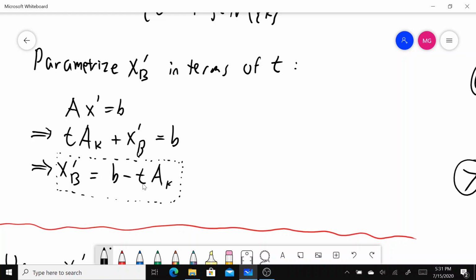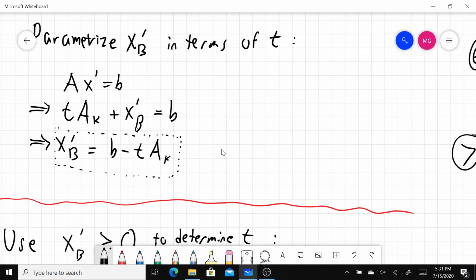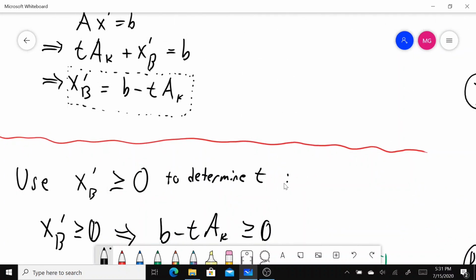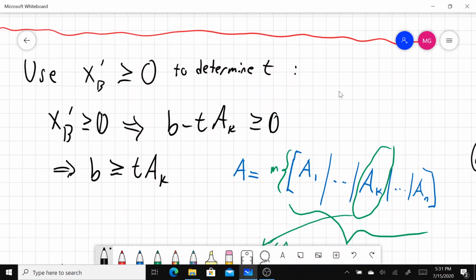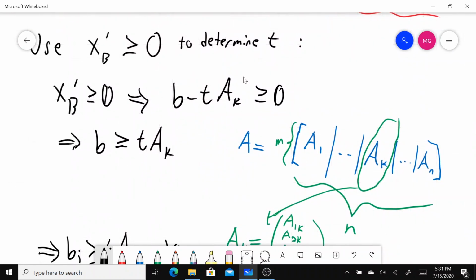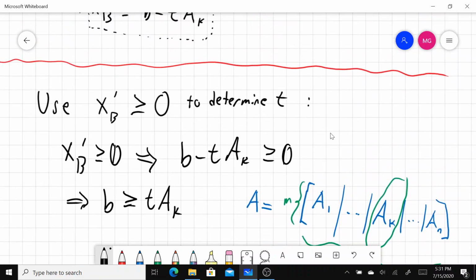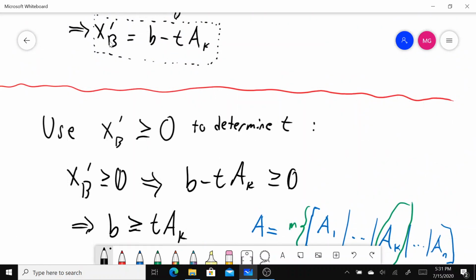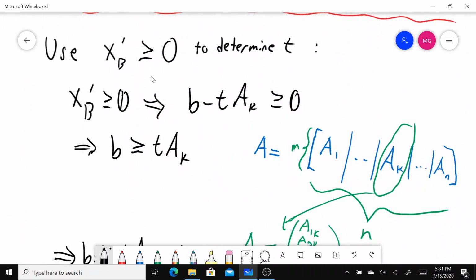You have a parameterization of x prime for the basic components. Now you're going to use the fact that it also has to be non-negative to determine what t is. And once you know t, then you know xb prime, and you actually know all of the vector x prime. So how do we get t here?